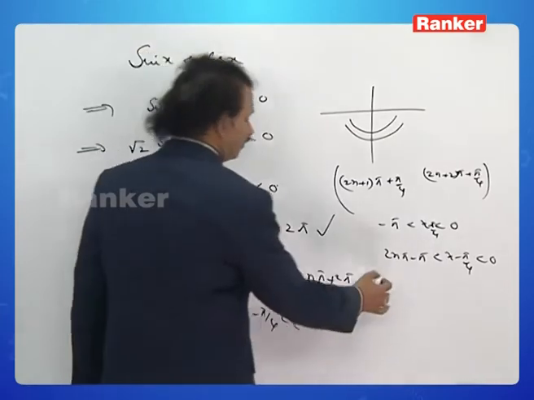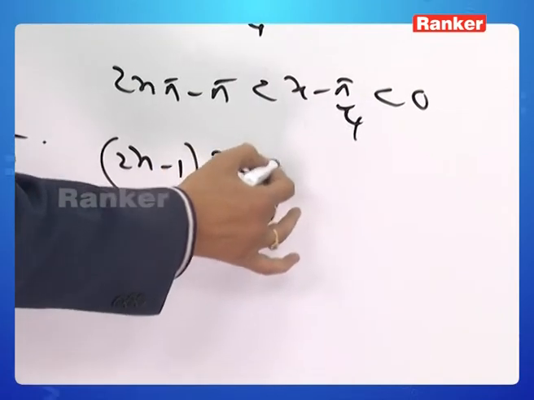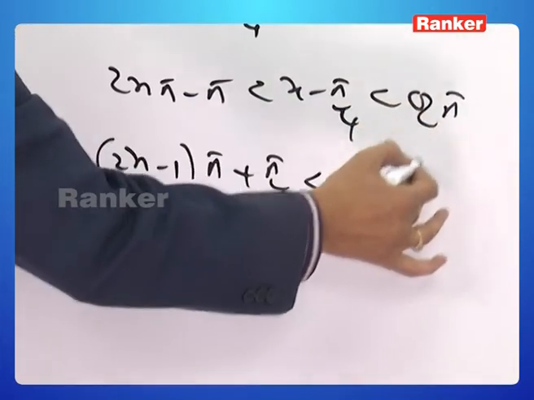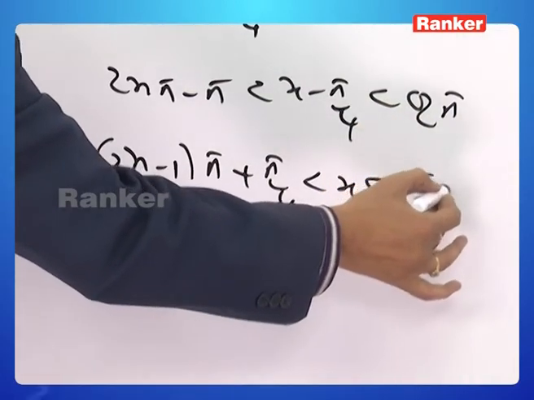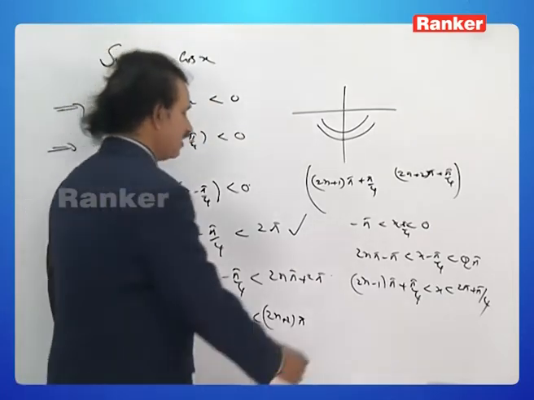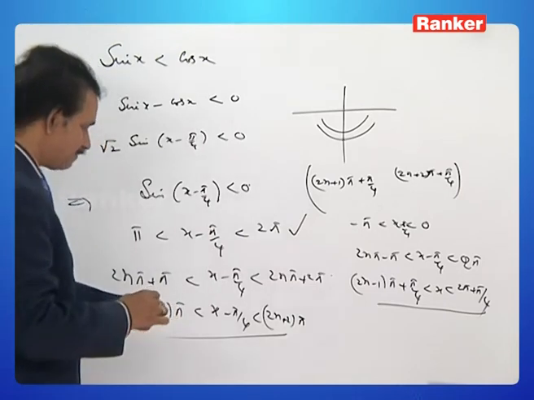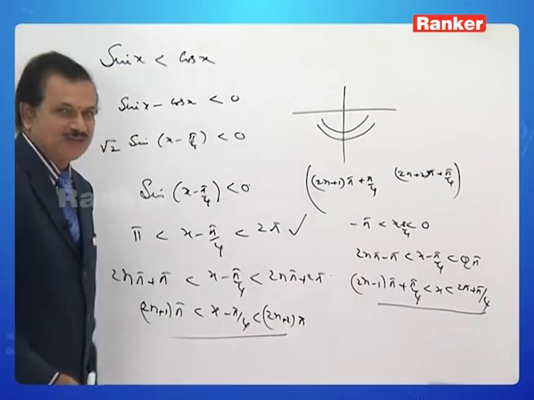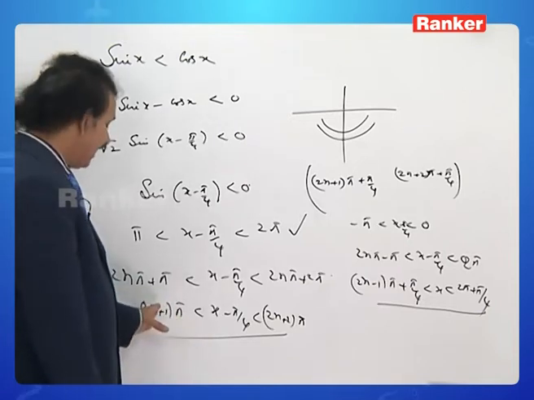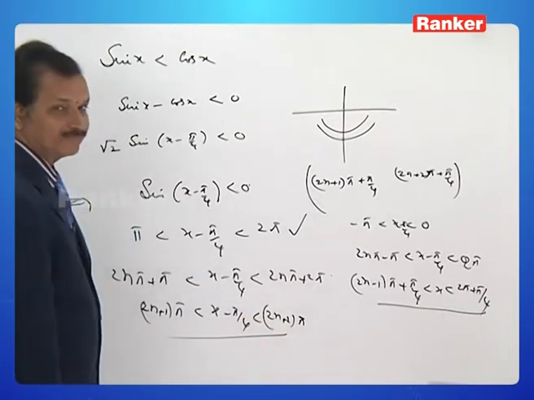Add pi by 4 on both the sides. 2n minus 1 into pi plus pi by 4 less than x less than 2n pi plus pi by 4. Either this option is correct or this option is correct. What type of similarity can you observe in these two answers, my dear? An odd multiple of pi, next immediate even multiple of pi. Isn't it?